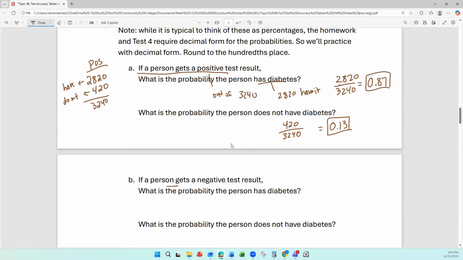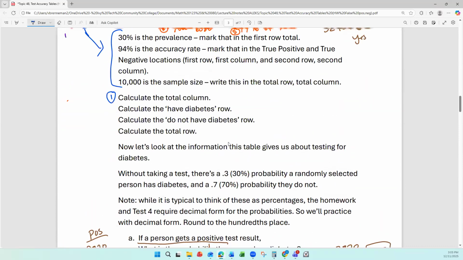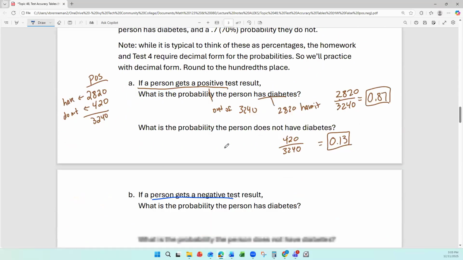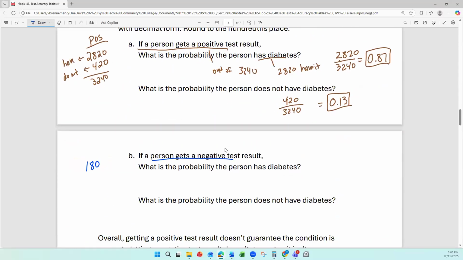Now, if a person gets a negative test result, we are looking at the negative test column. So that's the 180, 6,580, and the 6,760 total. So of those people with the negative test, 6,760 of them, 180 actually do have diabetes and got a wrong test.